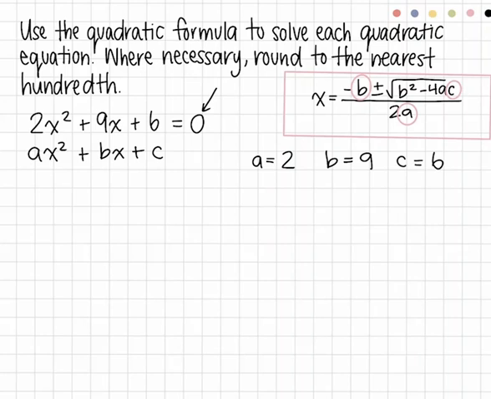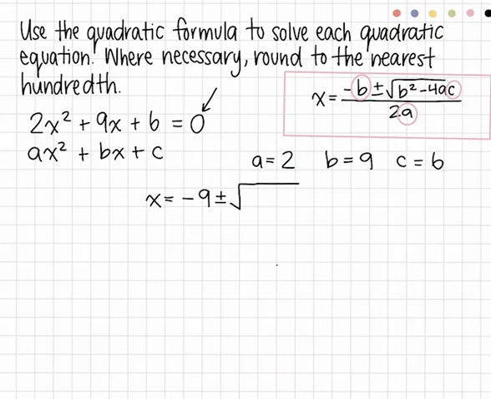All right, let's do it. x equals negative b, so my b becomes negative: negative 9 plus or minus, and I'm going to explain this plus or minus at the end, so just sit tight.